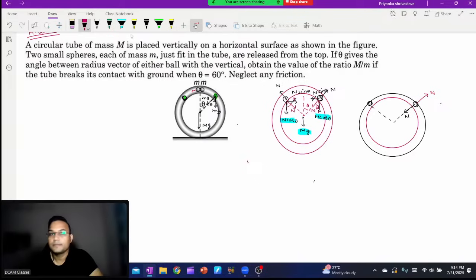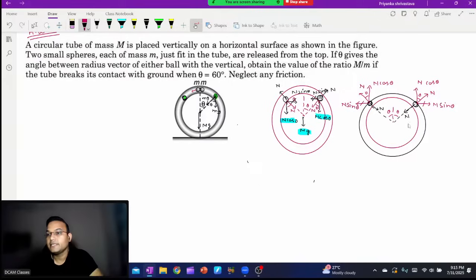Same thing here. Now, if you take this angle as theta, so this will be your n cos theta. This will be again your n cos theta. And this will be n sin theta. This will be n sin theta.